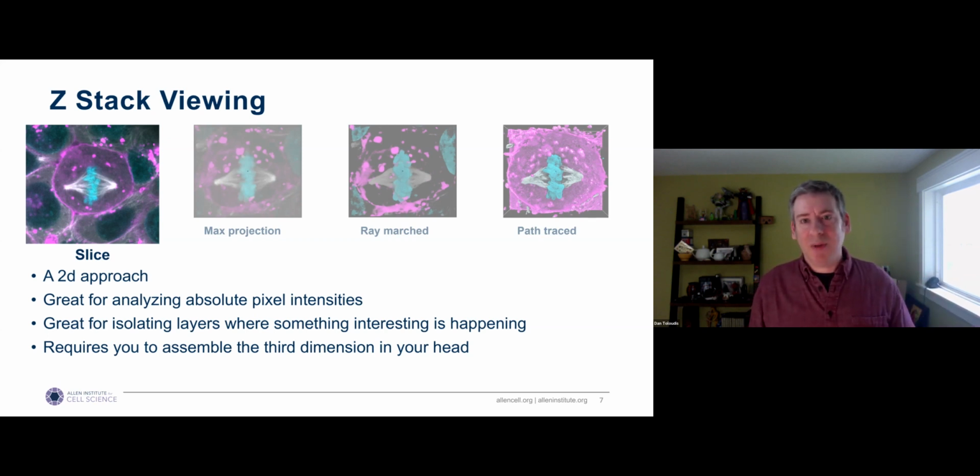So a classic problem with this is that you can imagine a thin fibrous structure that starts in the top corner of your Z stack and goes diagonally down to the opposite bottom corner of your Z stack. If you were viewing this slice by slice, you would just see a dot that appears to move across the screen as you iterate through the slices. And so your brain has to interpret that. You kind of have to fill in the blanks there to actually perceive a fibrous structure that's doing that.